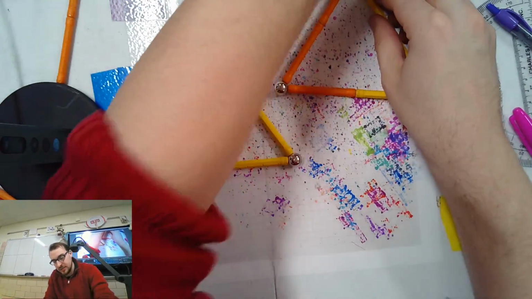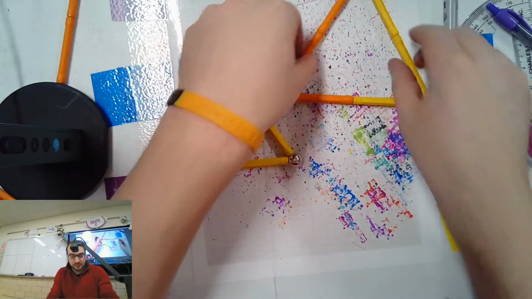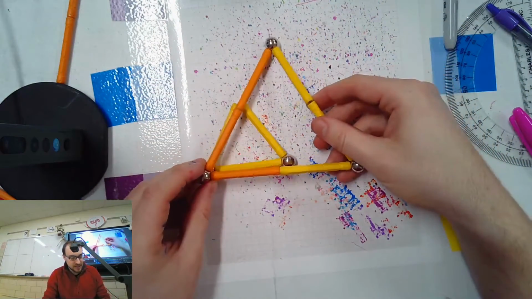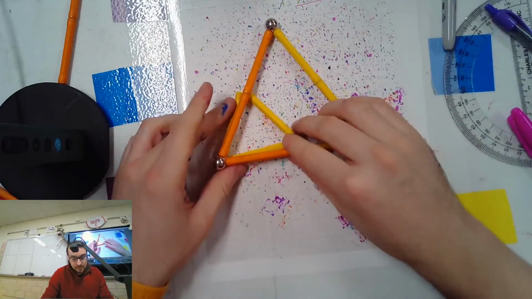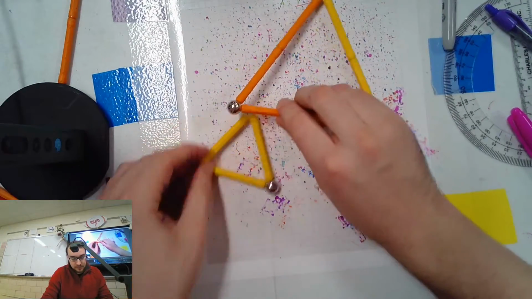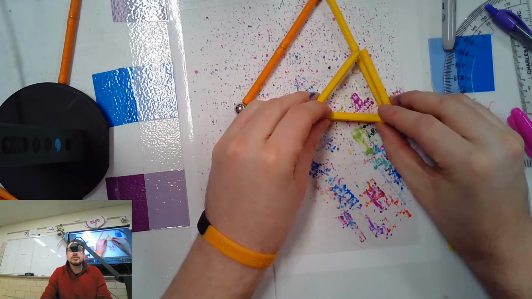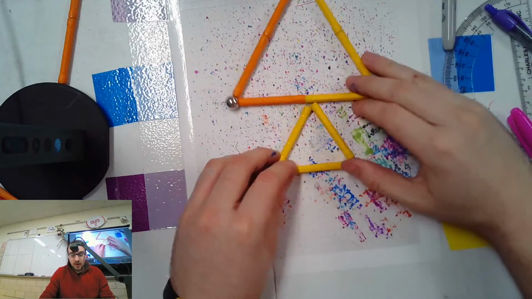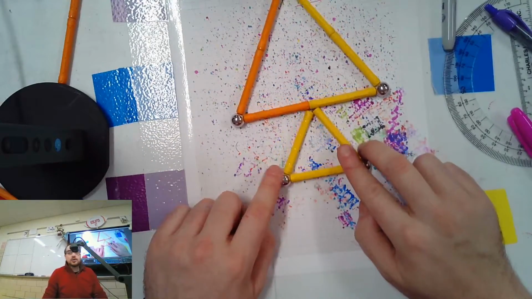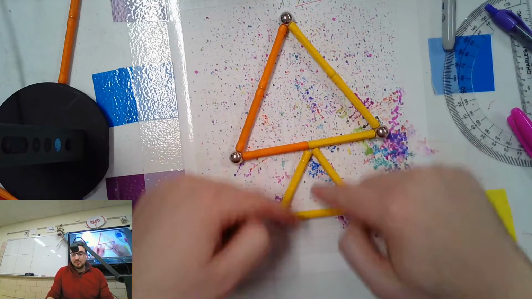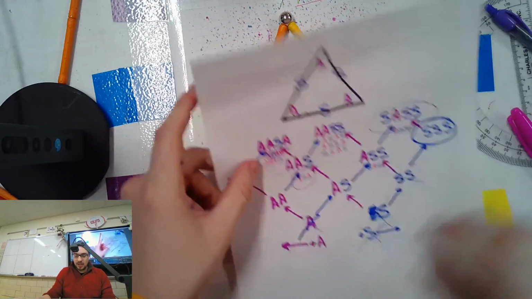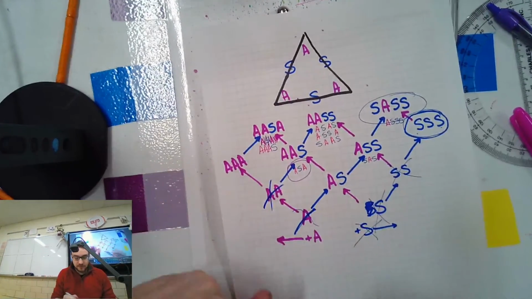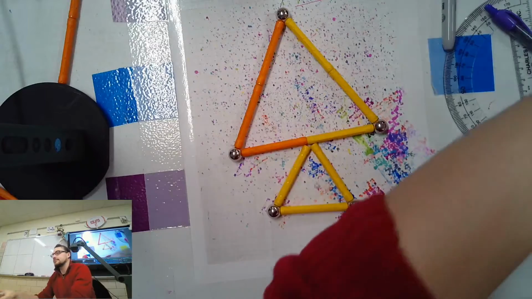To check that these are the same angles at the bottom, I'm going to go like this. Is that the same angle? That checks out. Is this the same angle? Yes. So even though I know two of the bottom angles are the same on both triangles, that doesn't mean the triangles will be congruent. That's not enough information. So double A doesn't work either. What if I know all three angles?